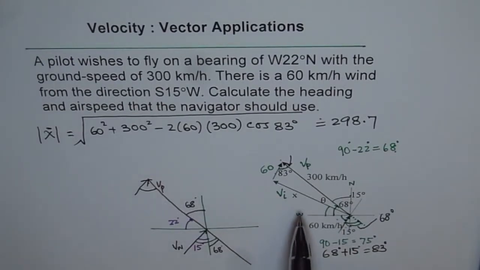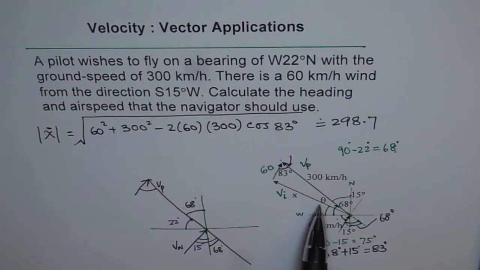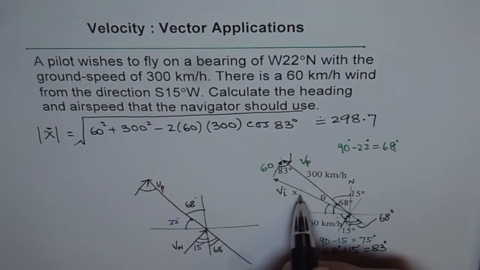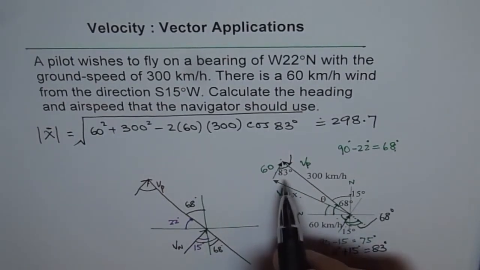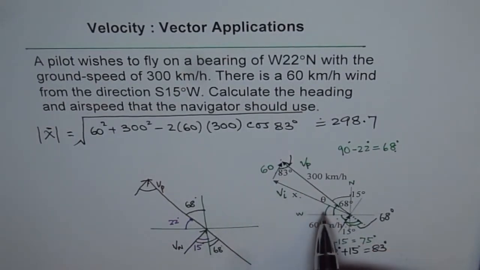Now, we know the magnitude of velocity. What else do we need to know? The angle theta, so that we can define that it is so many degrees west of north, right? Or so many degrees north of west, either way. Now when we know this side, so we know all three sides and one of the angles, we can use the sine law to find theta, right?